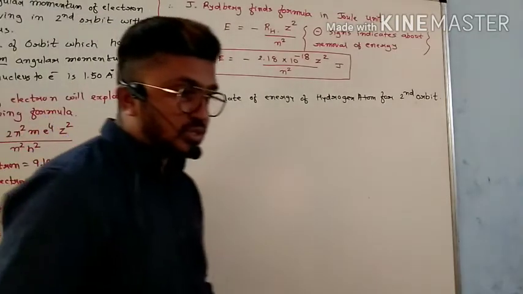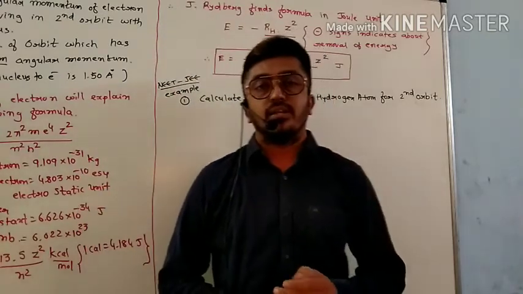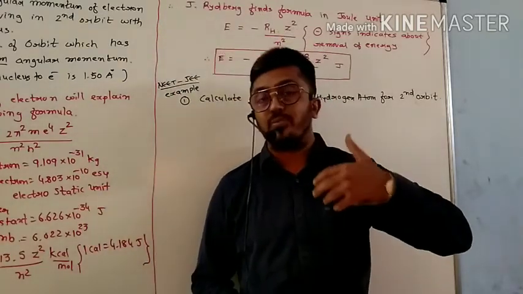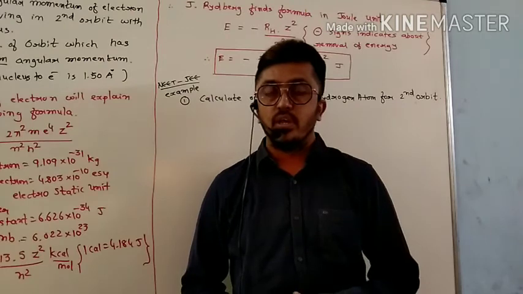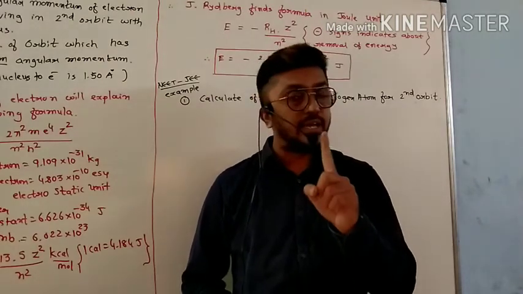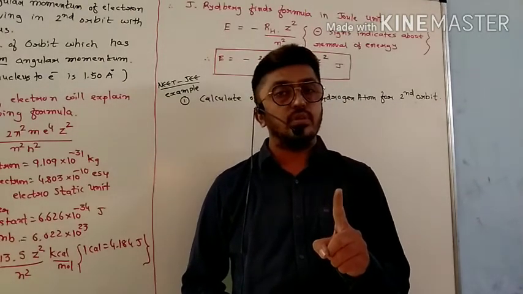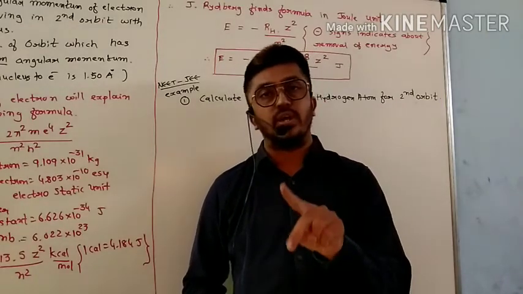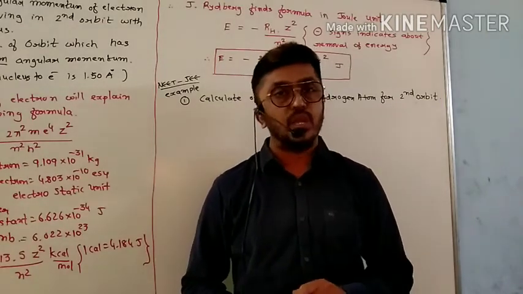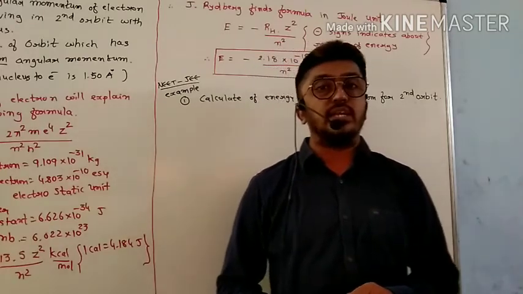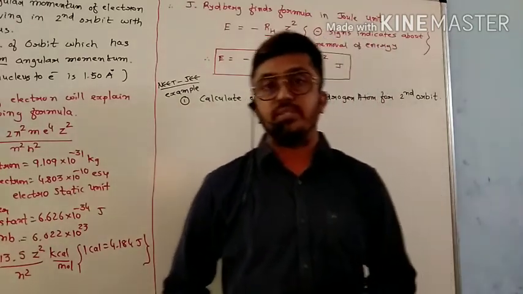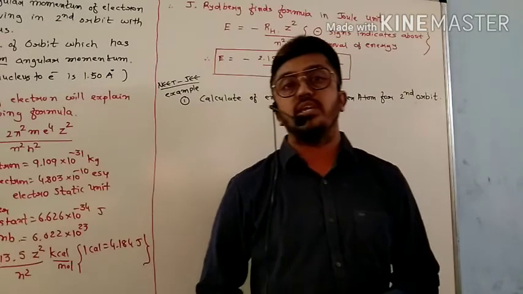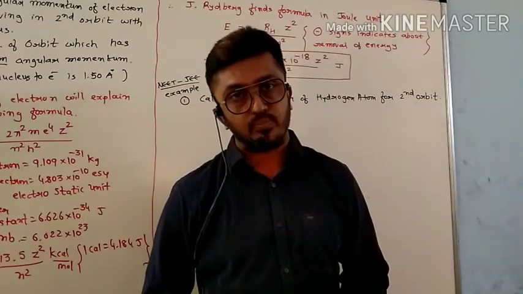Students, a question arises in our mind: how can we remember the formulas? Again, I repeat my words. If we want to calculate energy in terms of wavelength, we use E is equal to hc by lambda. With frequency, we use E is equal to h nu.